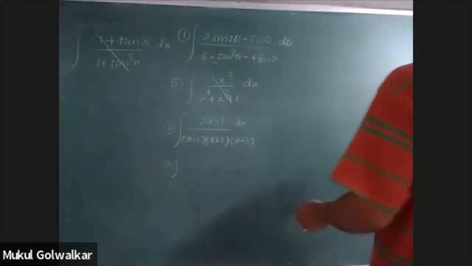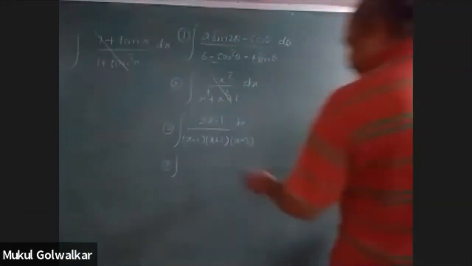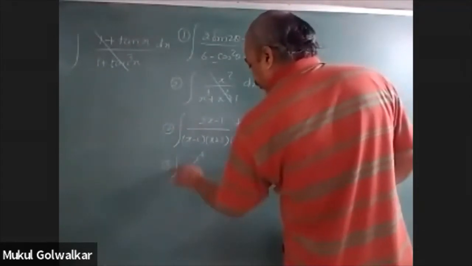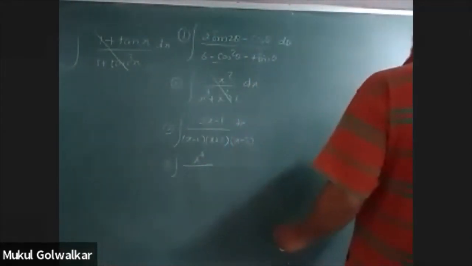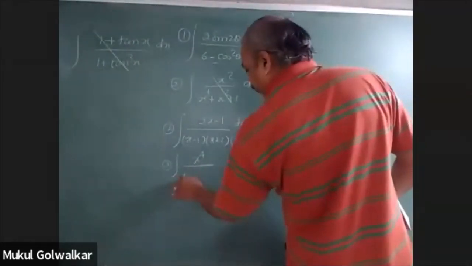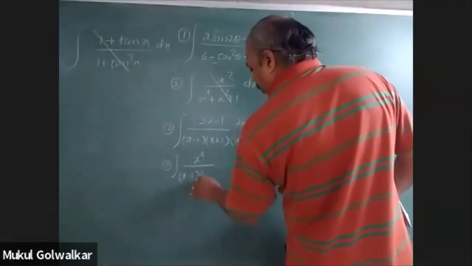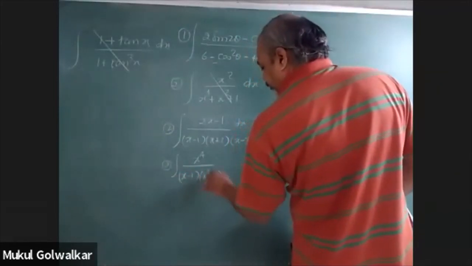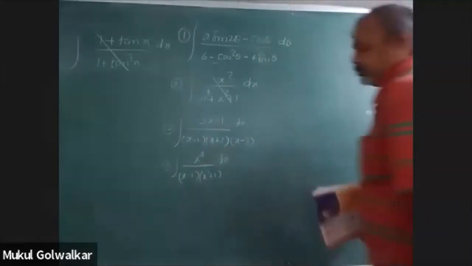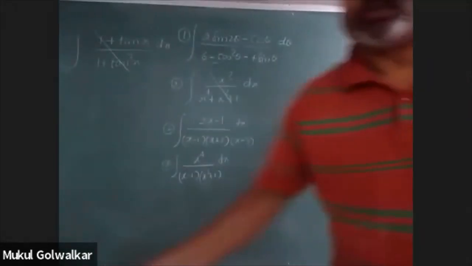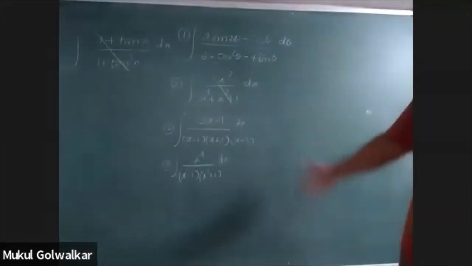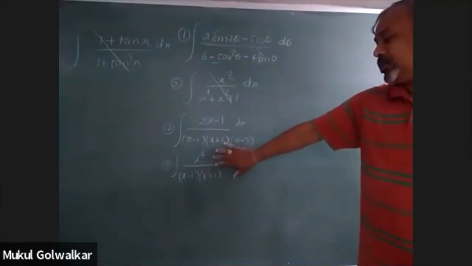Third question you are writing is x to the power 4 upon x minus 1 into x square plus 1. Okay. So these three questions I am giving for you to practice right now.